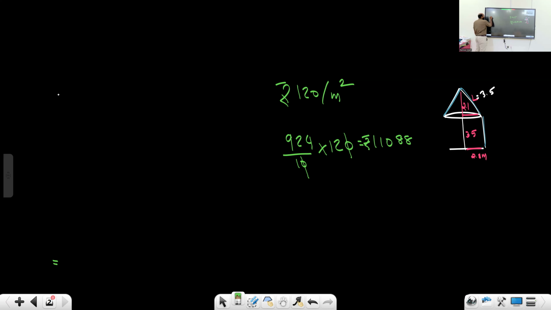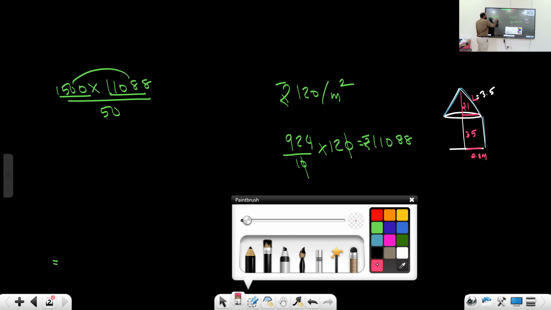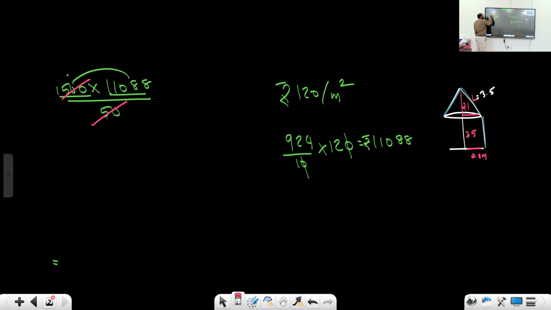Tell me, 1500 into, what is the cost of 110? This much divided by 50, because 1500 tents, 110 cost this one, this we have to multiply. What can we do here quickly? Tell me. 50 and this we can cancel. How much? 30. That much rupees will be there.